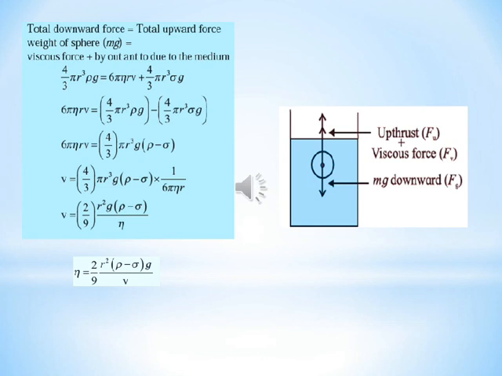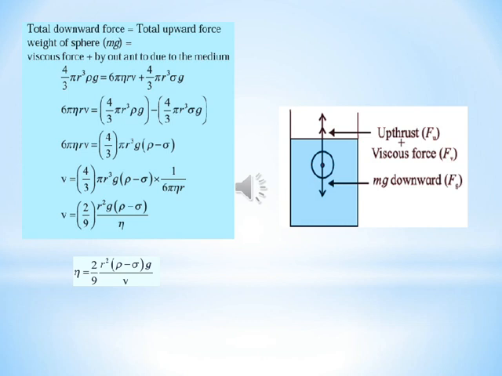So have a look at the diagram again. From the diagram you can say that the total downward force is equal to the total upward force. For the balancing condition, both forces should be balanced. The downward force is the gravitational force, m into g, which is the weight. What will be m?